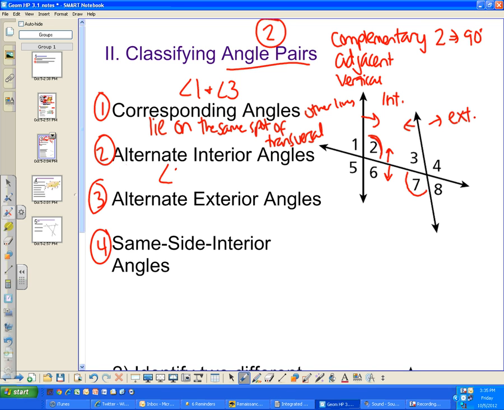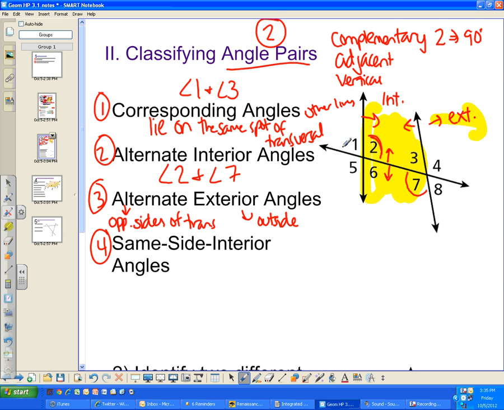Again, this is all the interior, and the non-yellow stuff is all exterior. Number 3 is alternate exterior angles. Alternate means opposite sides of the transversal, and exterior means it's outside of the lines. Again, they have to be touching one of the other lines. So now we're only talking about angles 1, 5, 4, and 8.